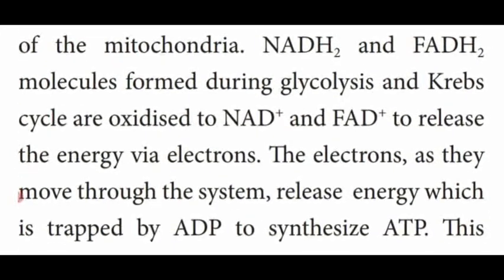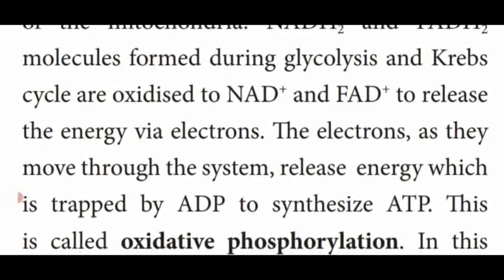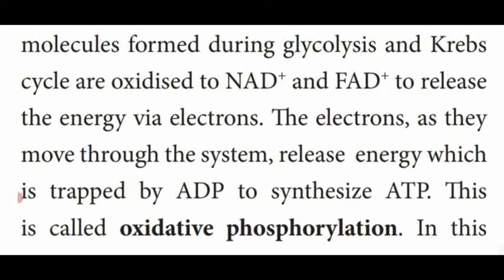Dear students, in this cellular respiratory process, it requires 2 important coenzymes. One is NAD, another one is FAD. Nicotinamide adenine dinucleotide and flavin adenine dinucleotide are the 2 coenzymes, which are formed in the process of glycolysis, and they enter into the Krebs cycle, in the mitochondrial matrix.